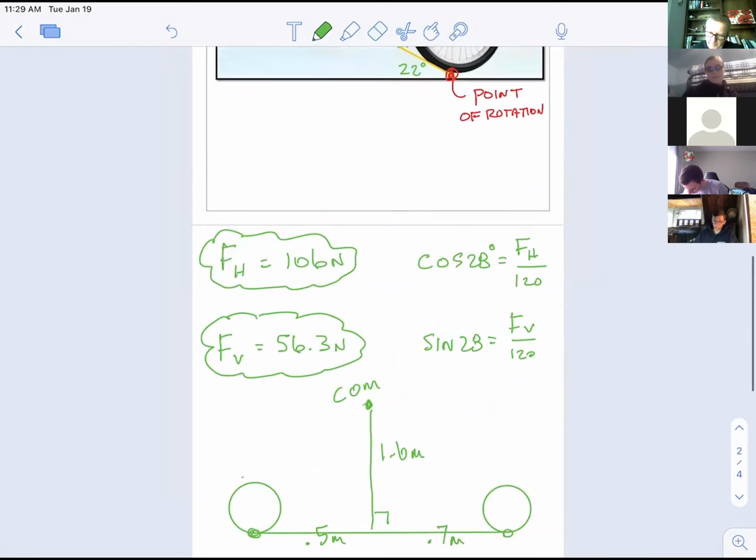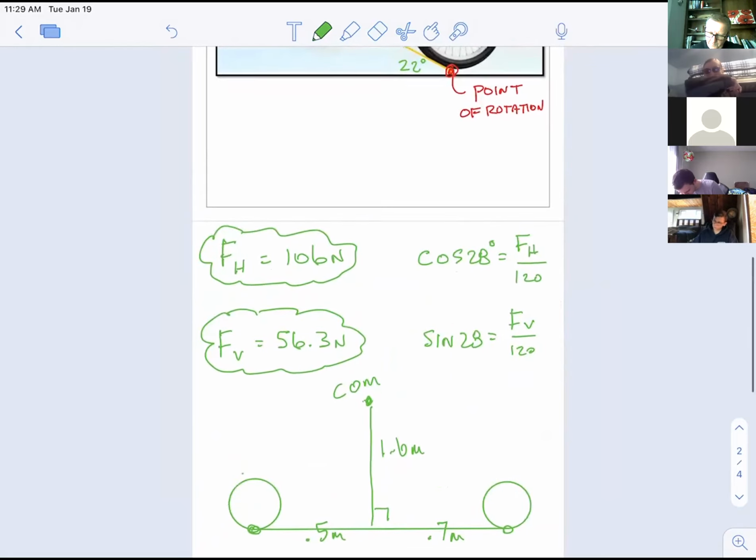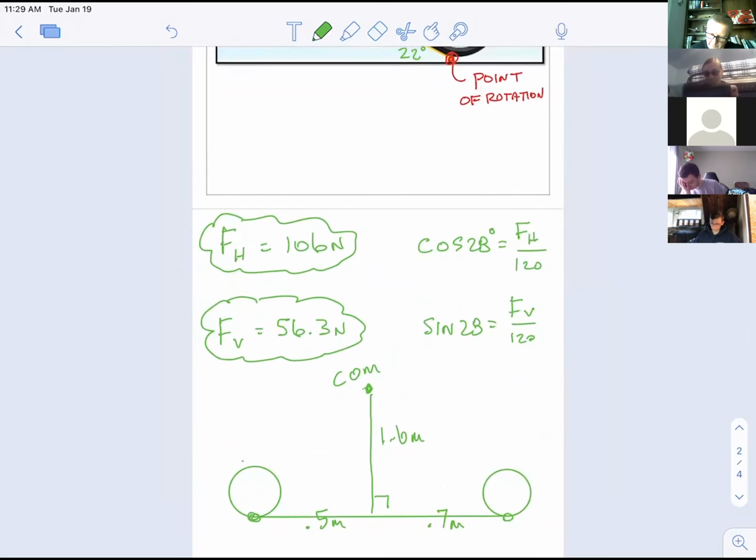But here's the hard part. What angle is this force at? Would you agree it's not 28 anymore? What would it be?